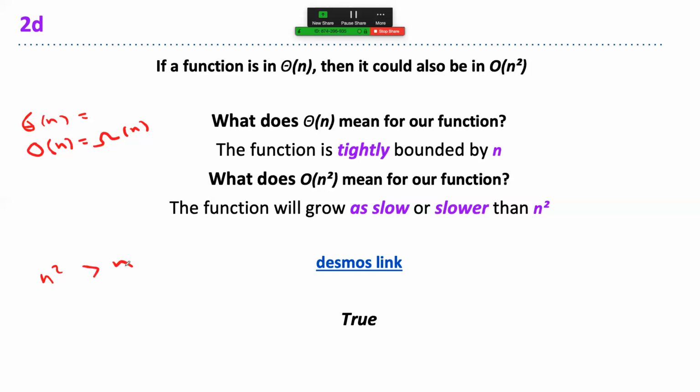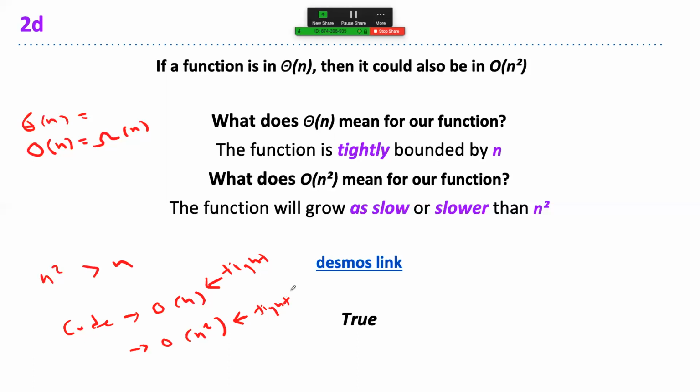So it is true that if I had code that runs in O of n, then I can technically say that my code also runs in O of n squared too. And this is true because one describes the tight bound, but the other doesn't describe the tight bound.